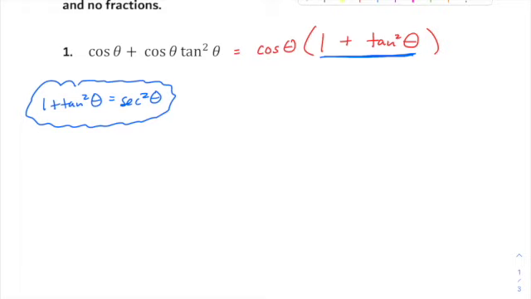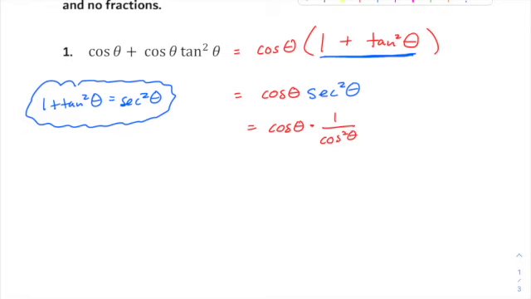And so I'm going to take out those two terms. Cosine is staying right where it is, but I'm going to take out 1 plus tan squared and replace it with secant squared. So now I've got cosine times secant squared, and I know those can be simplified because secant squared is equivalent to 1 over cosine squared, right?